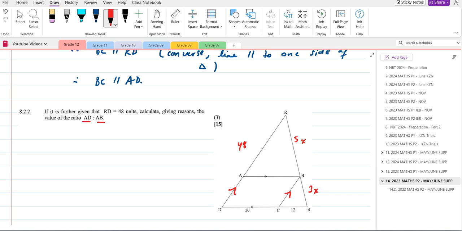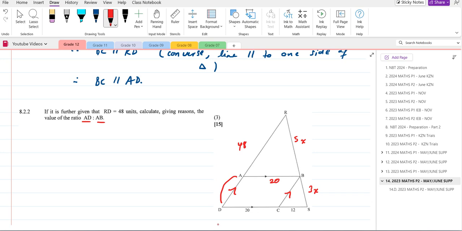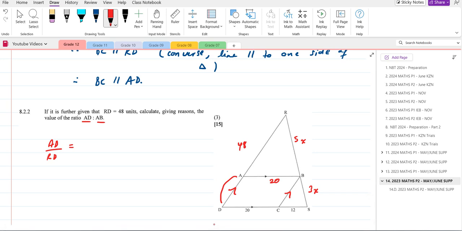Well, we know AB is already 20. We just need to calculate the distance AD. To calculate the distance AD, we're going to take the whole thing, AD over RD. AD over RD is equal to BS over RS.